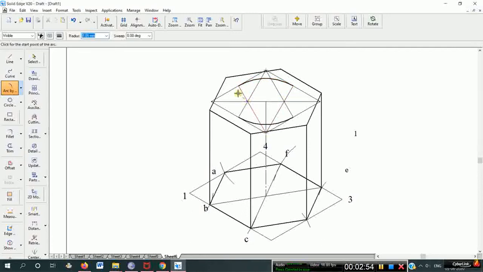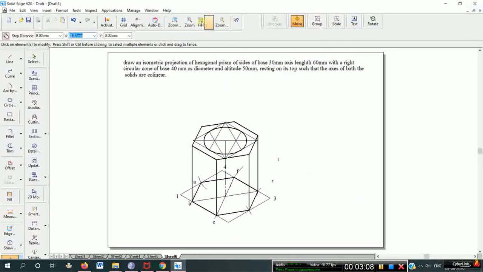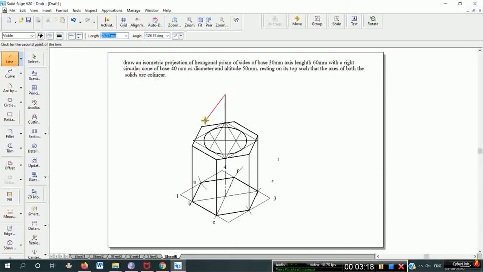Next take this as the center and this as the radius. Now from this center, what is the height given? The cone is 50 mm. Okay, so take 50 mm and join tangents.